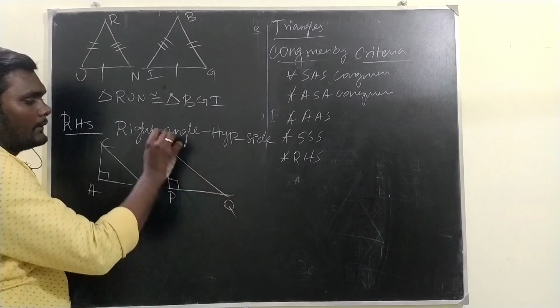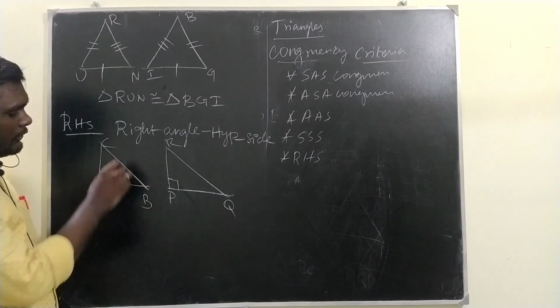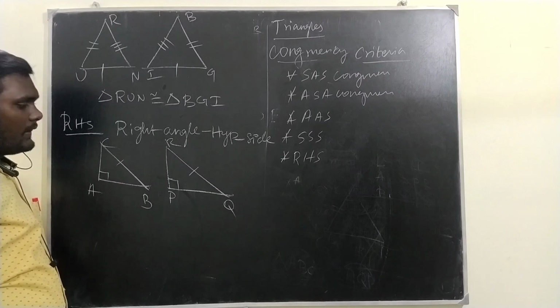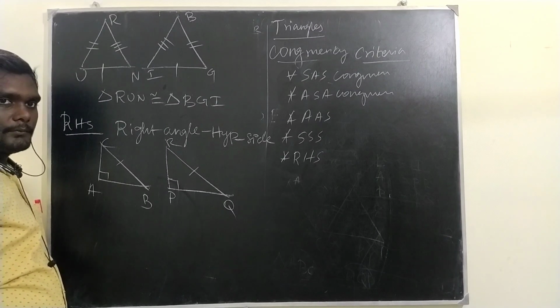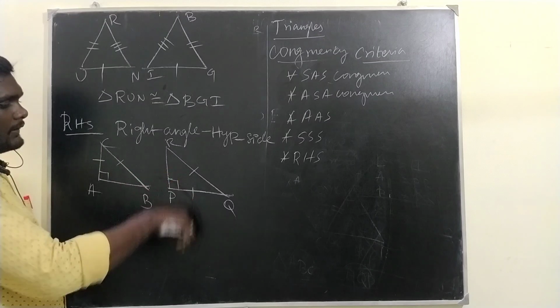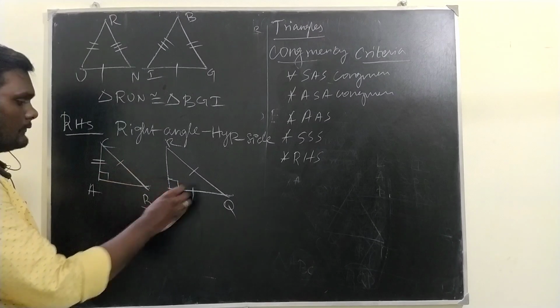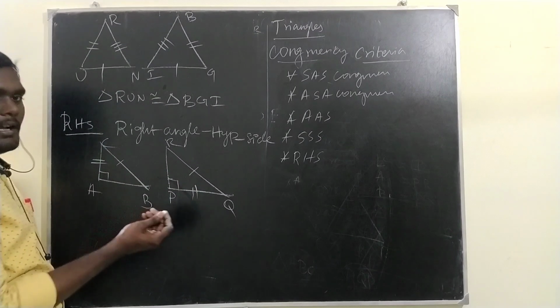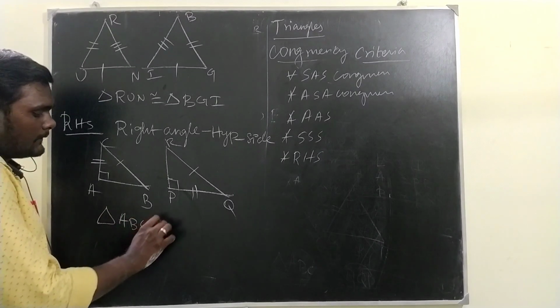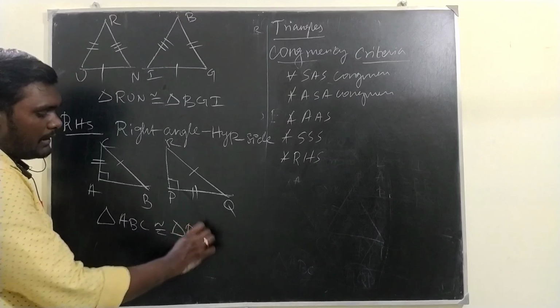ABC and PQR as per tradition, and then the hypotenuse should be equal. So BC is equal to PR, and any other side, this side or this side should be equal. Then we can say RHS congruence. That means this triangle ABC is congruent to triangle PQR.